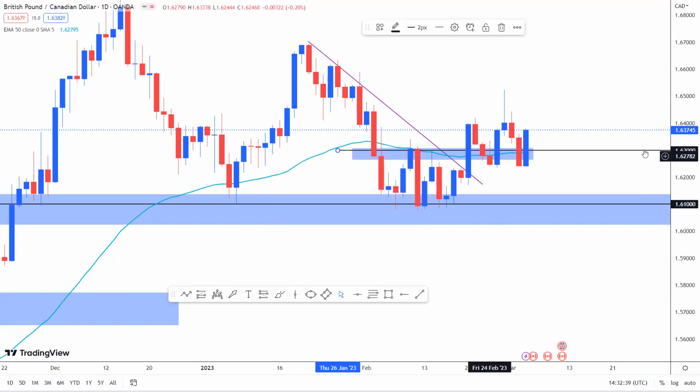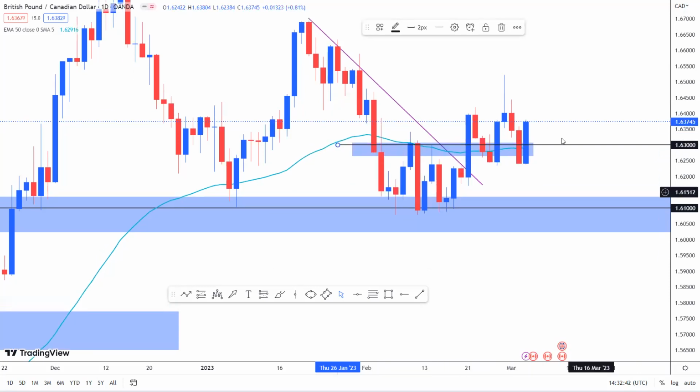So clearly, yes, we had ourselves a psychological number there, 1.6300 psychological round number. And that having to be the neckline of the inverse head and shoulder pattern.